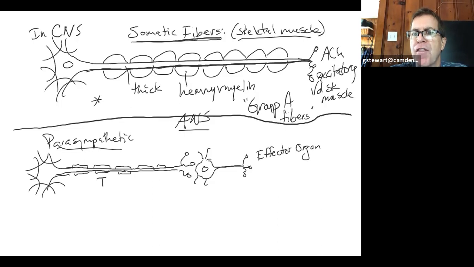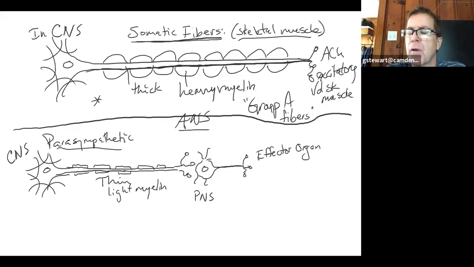So I'm just going to write thin, light myelin. This still originates in the central nervous system, just the cell body. This connection point is in the peripheral nervous system somewhere, that ganglion. So thin, light myelin, this one would be a group B fiber.